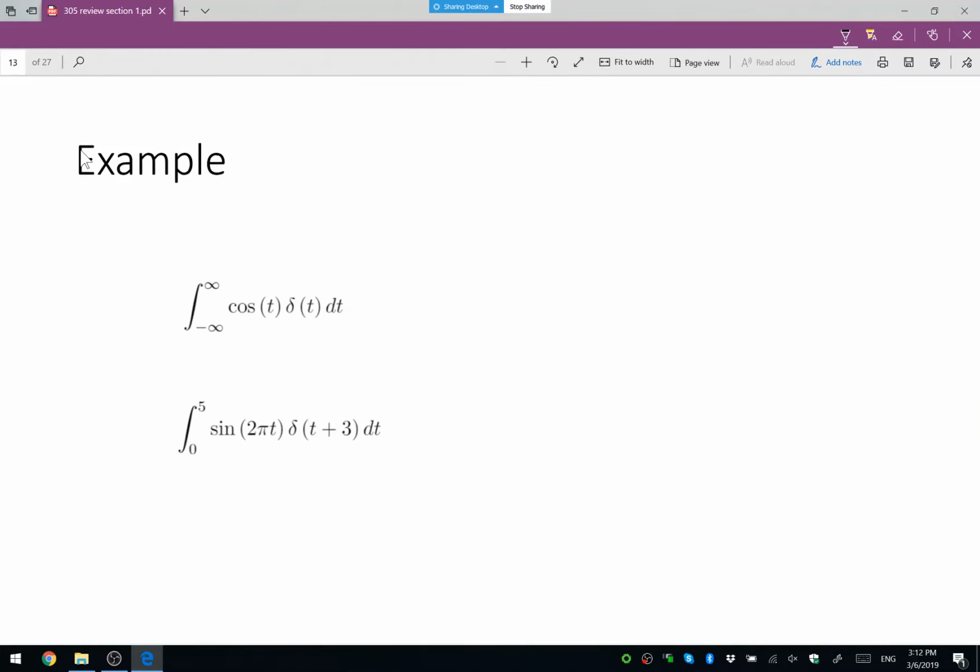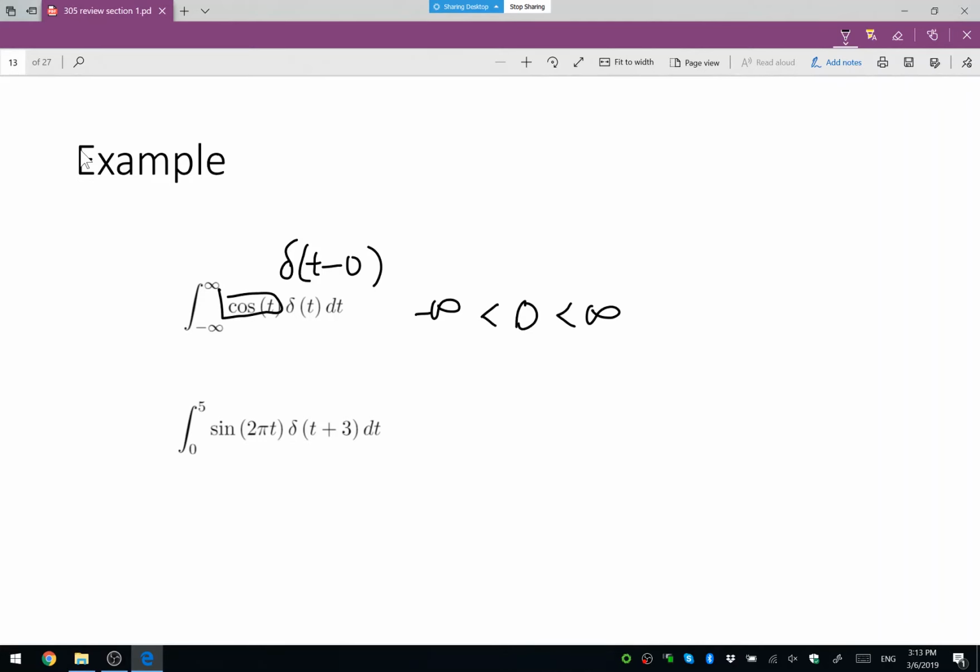So let's do two examples of that. The first one is just delta(t), which is delta(t minus 0), so the position is just 0. And we know that 0 is definitely greater than minus infinity and less than infinity, so 0 is inside the range. Then what is f(t) here? f(t) is whatever is multiplied with delta(t), which is cosine t.